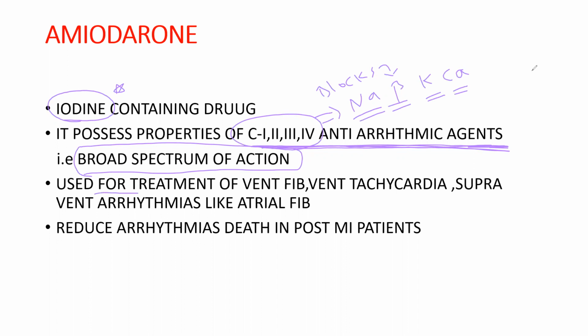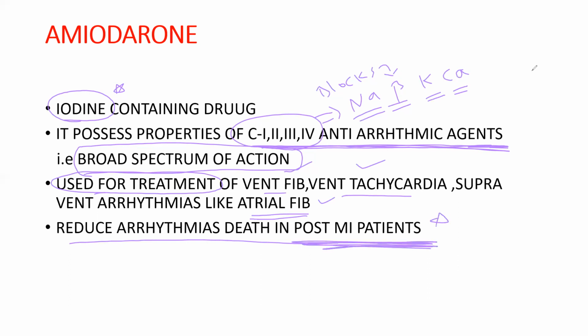Where is it used? It is used for the treatment of ventricular fibrillation, ventricular tachycardia, and supraventricular arrhythmias like atrial fibrillation. And it has one important point: it reduces arrhythmic deaths in post-MI patients.